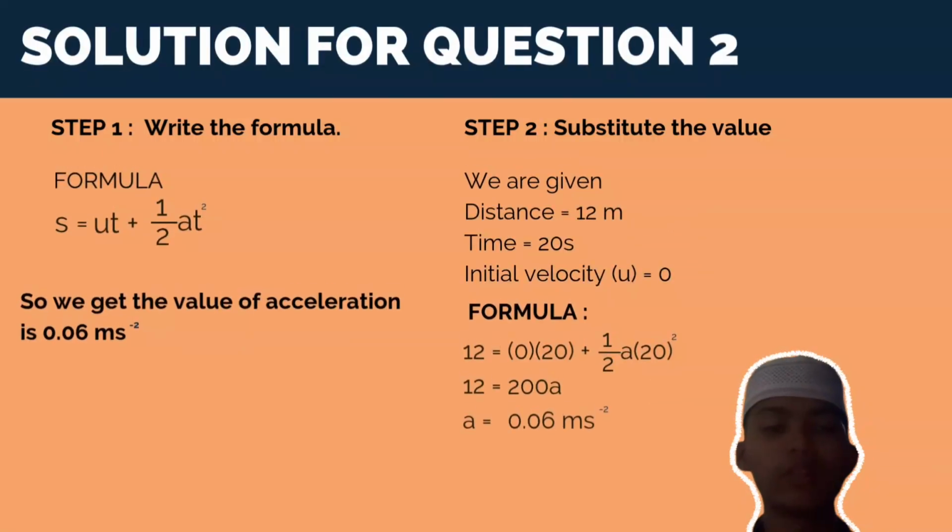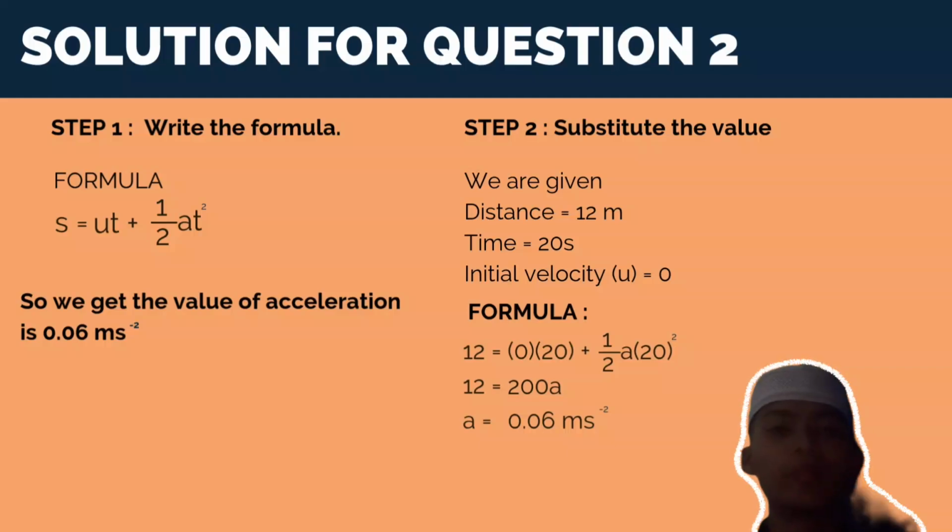To solve question 2, first step, we need to write the formula first. The formula is s equal to ut plus 1/2 at squared. The second step, we need to substitute the value. From the problem statement before, we are given s is 12 meters, t is 20 seconds, and u is 0.